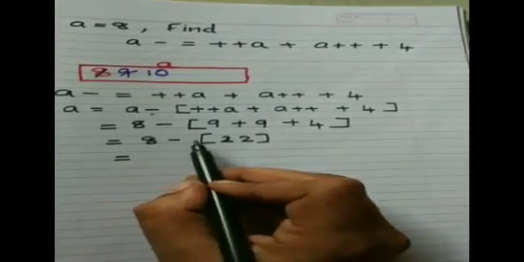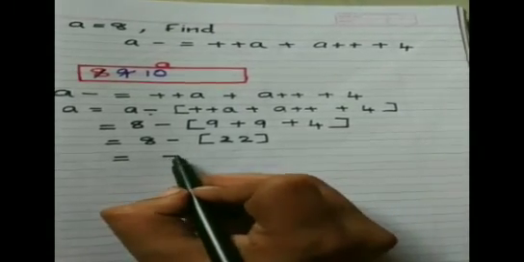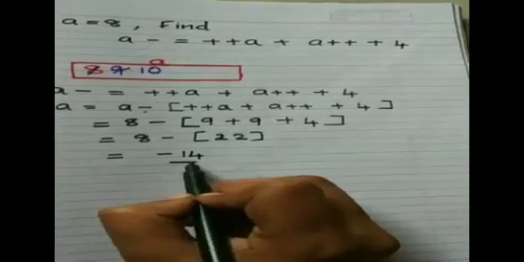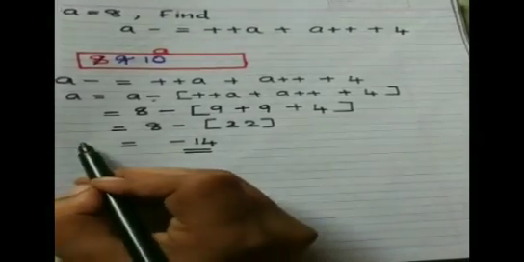So your 8 minus 22 is minus 14. So your A value is minus 14.